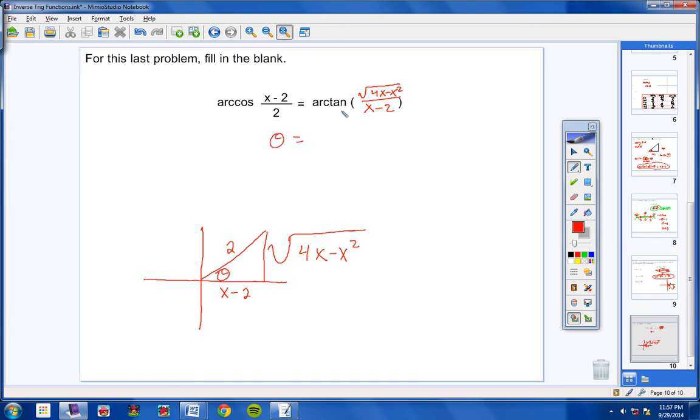And if I said what angle, when you take the tangent of it, gives you the square root of 4x minus x squared all over x minus 2, it would be theta because here's your opposite side and here's your adjacent side. So we end up with theta equals theta when we put this into the parentheses.